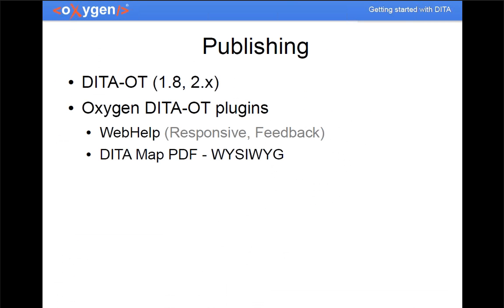And finally, we've reached the final topic in our presentation, the publishing. oXygen comes bundled with the DITA Open Toolkit with version 1.8 as well as with version 2, and you can activate whichever your project uses.